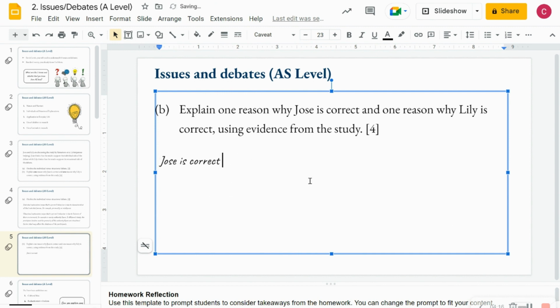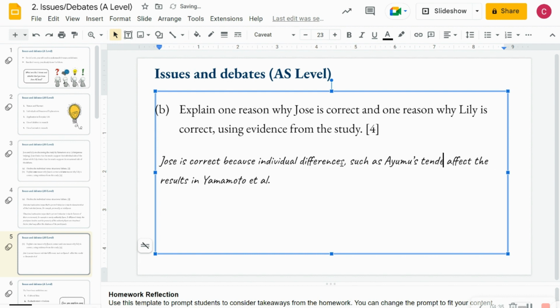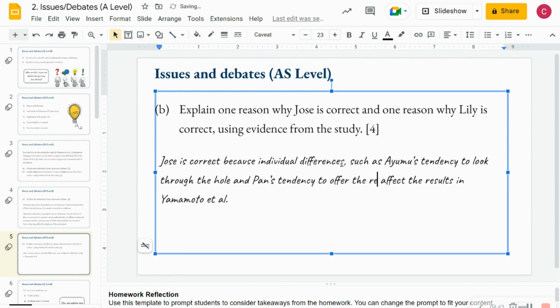Jose is correct because individual differences affected the results in Yamamoto et al. Individual differences such as Ayumu's tendency to look through the hole and Pan's tendency to offer the brush.